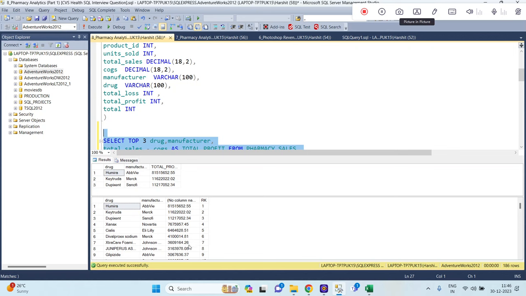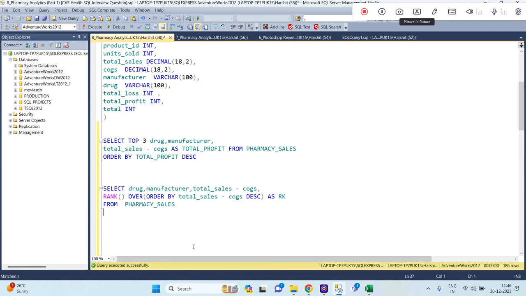Now what we can do? We require one, two, three only, right? Not others. Now what we can do? So like this, where RK less than or equal to 3, like this you are telling. Actually, we cannot refer RK over here.